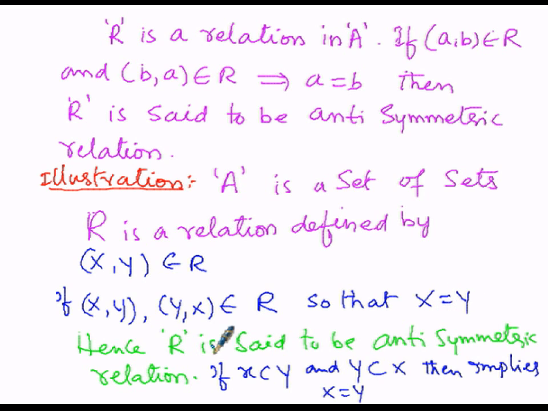Then only R is called anti-symmetric. It holds if and only if x is a subset of y and y is a subset of x, in which case both sets are equal. When this condition is true, R is anti-symmetric.